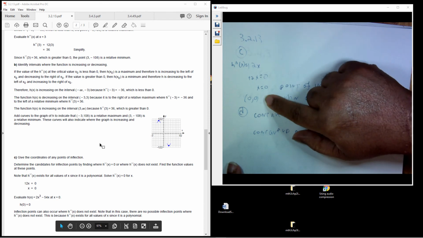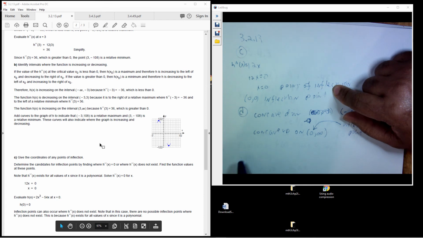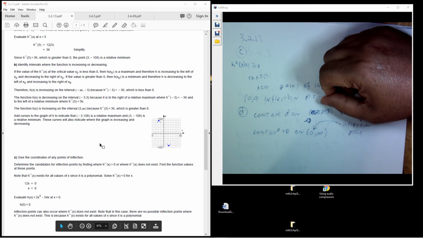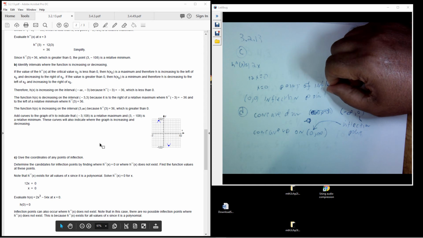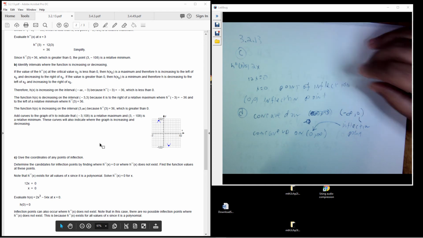And this gives me a potential point of inflection. When x is 0, y is 0. So at 0, 0, we have a change in concavity. On one side, it's going to be concave down, and the other side, it's going to be concave up. So at point 0, 0, that's where it changes.